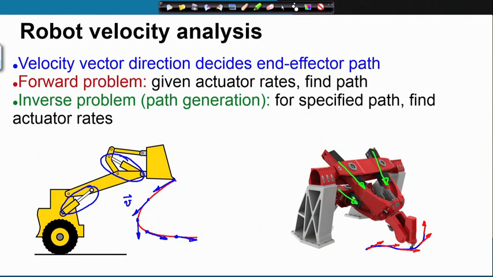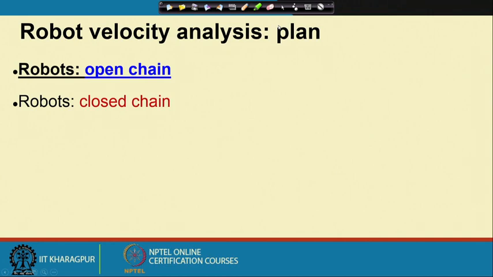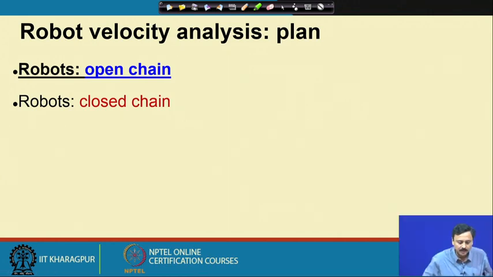There are three actuators in this parallel kinematic machine. So, you have to find out the expansion rates of these actuators, so that you can produce that velocity at the end effector point at the tool tip, so that you can traverse a desired path. We will start our velocity analysis of robots with the open chain manipulator. Subsequently, we will look at the closed chain manipulator.